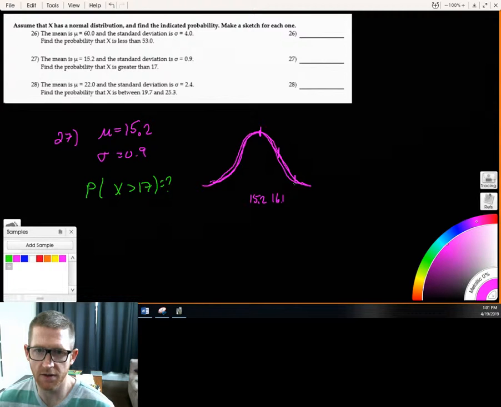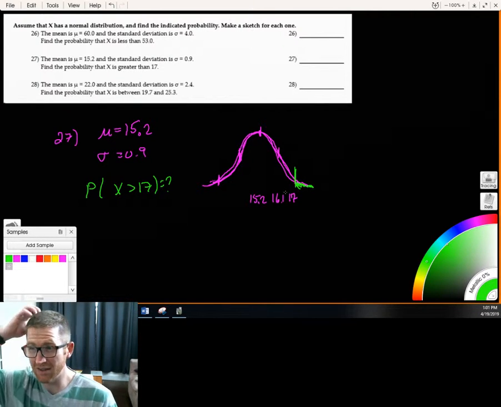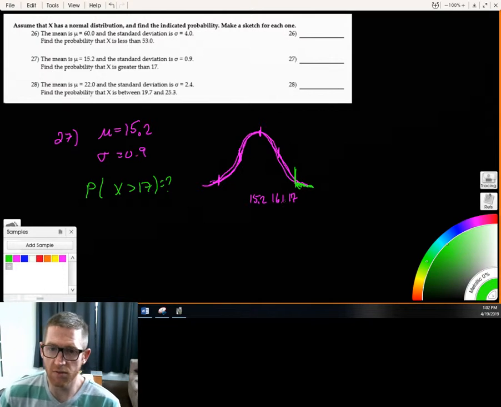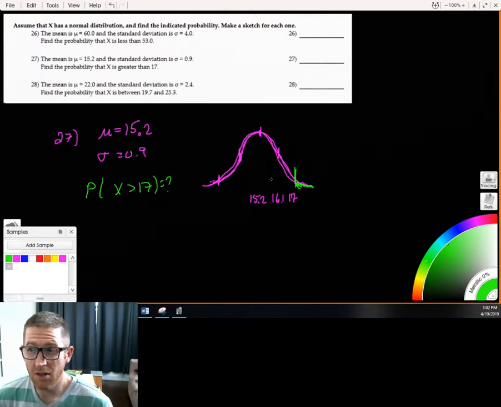And then one more standard deviation above would be 17 exactly. I don't really need to worry about below because I'm focusing on above 17. Right at 17, what's the probability that we get someone greater than 17? And 17 is actually 2 standard deviations above. So we should actually know this area already, but let's calculate it anyway.